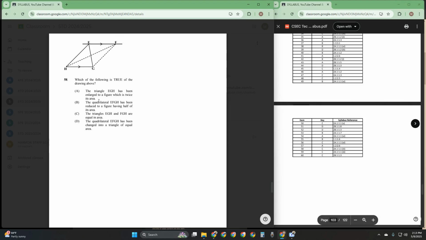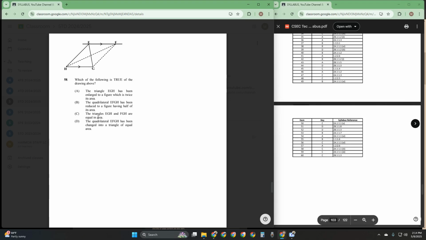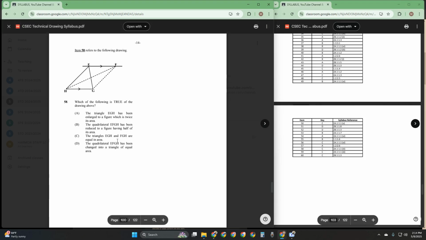The triangles EGH and FGH are equal in area. Okay, and the last one, the quadrilateral EFGH has been changed into a triangle of equal area. All right, I think I know what my answer is. 58C. Yep. This is the only one that makes sense. Number 58C.